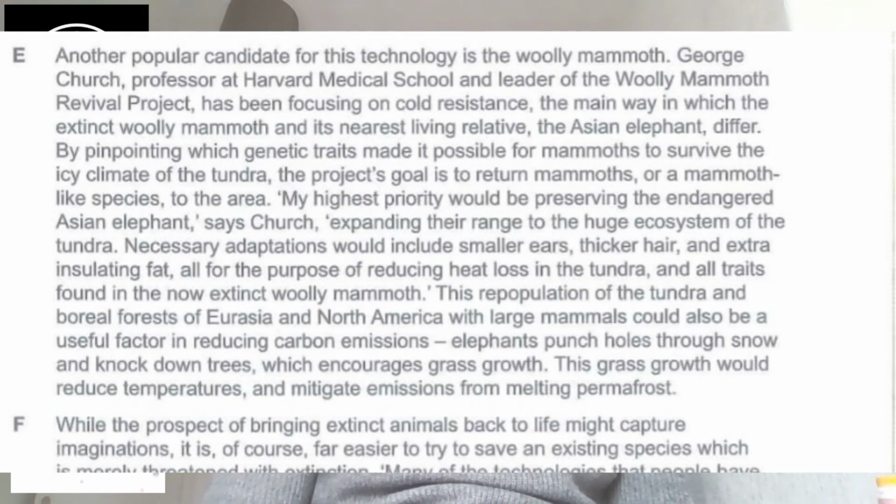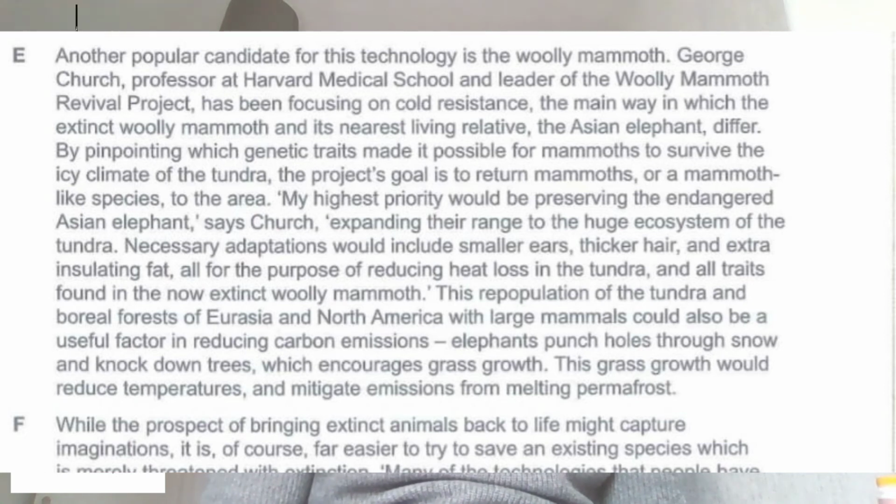Now, we have still not answered one question, which is question 14. We will read the next paragraph. Another popular candidate for this technology is the woolly mammoth. George Church, professor at Harvard Medical School, a leader of the woolly mammoth revival project, has been focusing on cold resistance. The main way in which the extinct woolly mammoth and its nearest living relative, the Asian elephant, differ is by pinpointing which genetic trait made it possible for the mammoth to survive in the icy climates of the tundra.